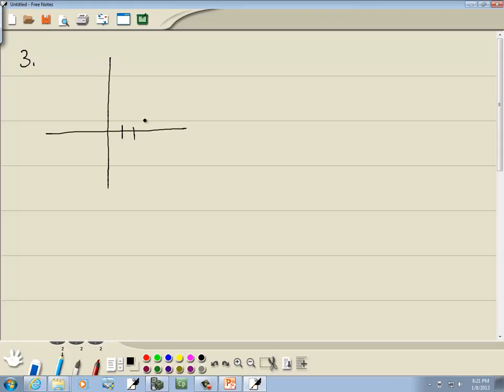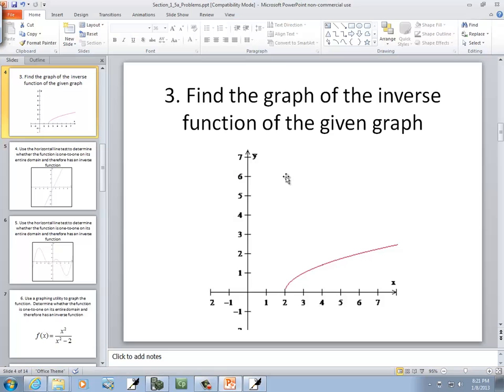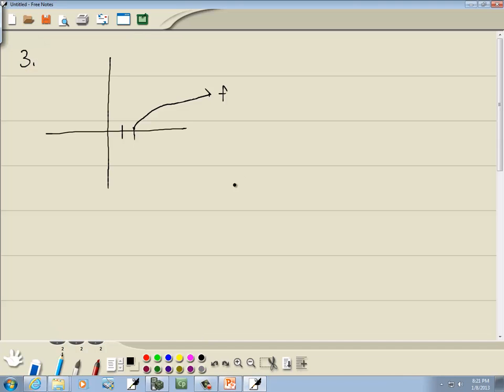And then it goes off like that. Okay, that's our graph. And it says find the graph of the inverse. Well, we've already talked about this. The graphs are symmetric to this line. The line is y is equal to x. So I'm going to take this graph and flip it across that.